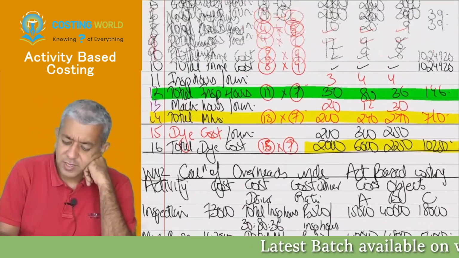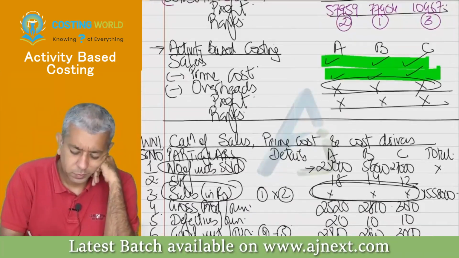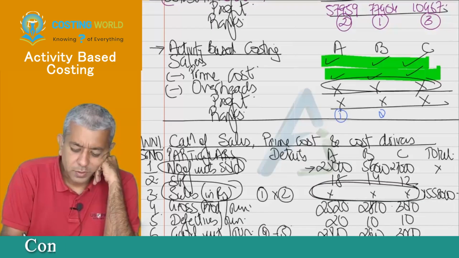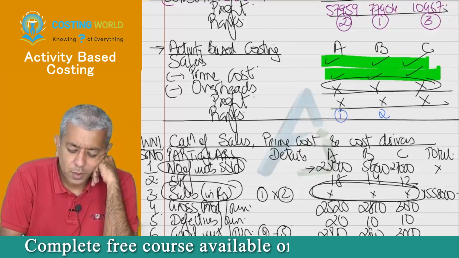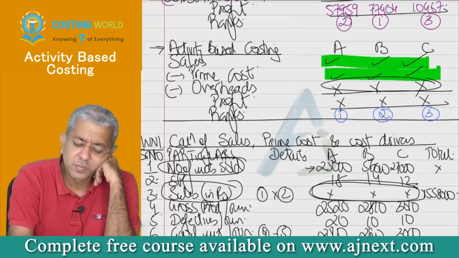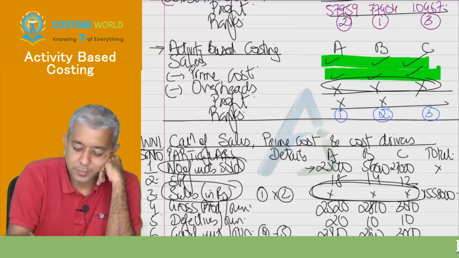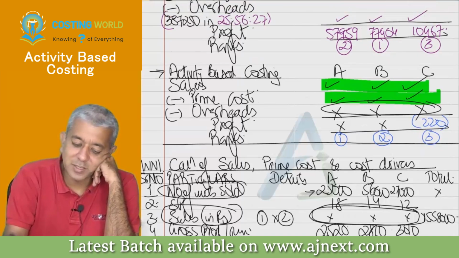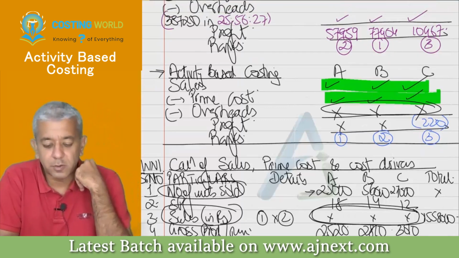Which is your first rank product now? Second is B or what? C is 3. Is it negative? Yes, sir. 220. Okay. Now, just a common sense thing that you all can try for checking it up.